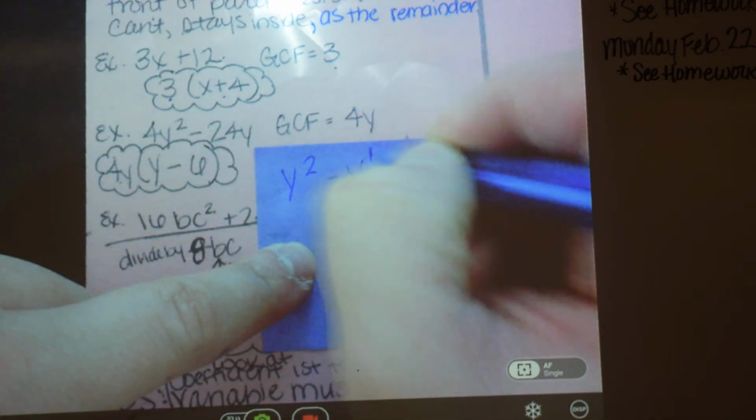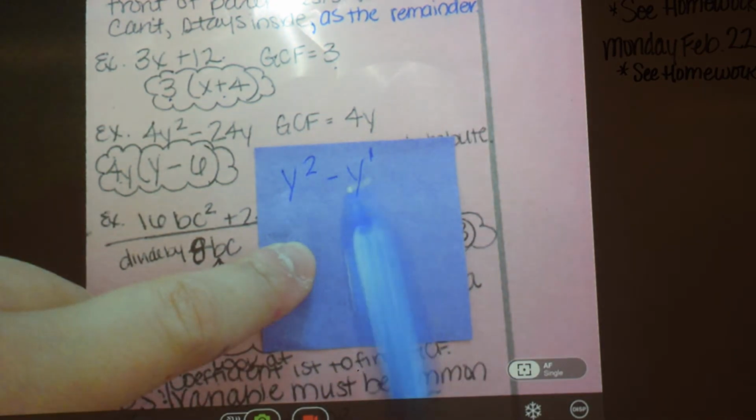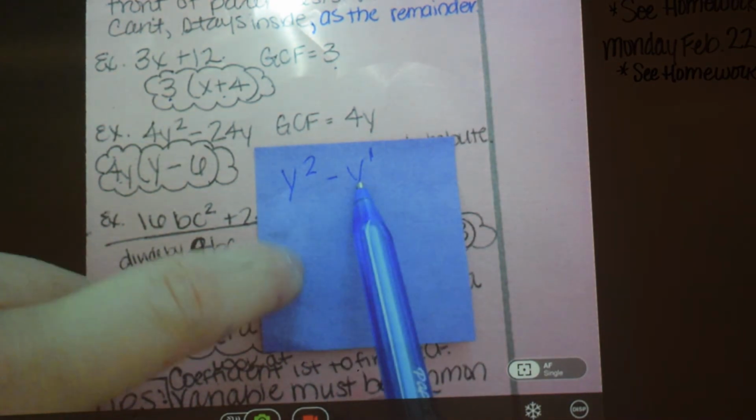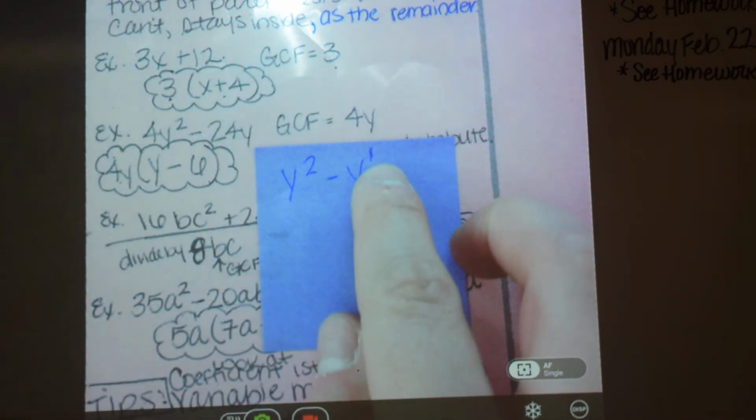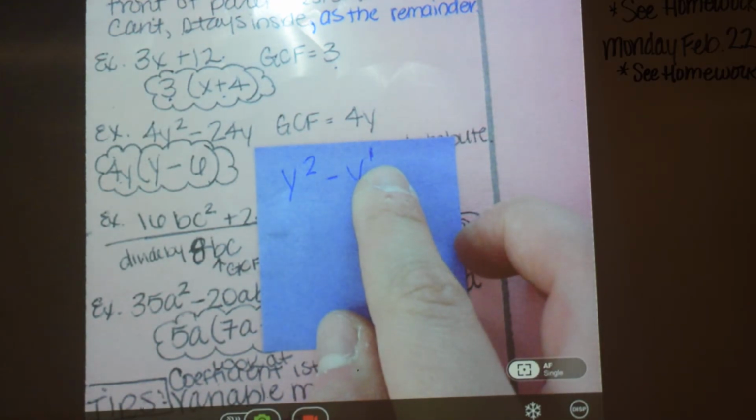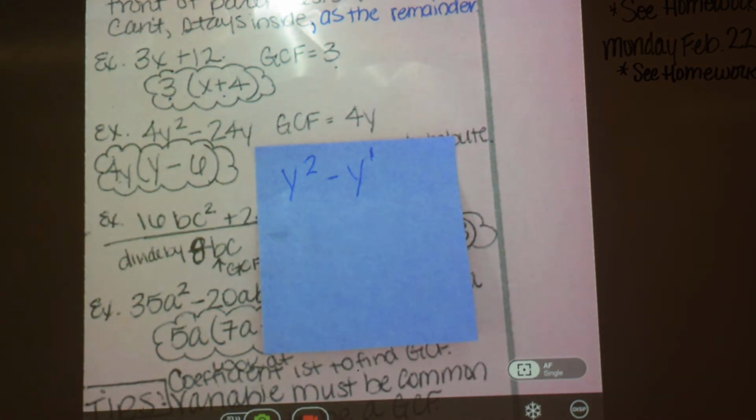Well, it would be a 1, and so that means that each y shares a y. And could I take out a y squared? No, because this y only has a degree of 1, not a degree of 2. So we look at the lowest degree that they all have in common, and that's how we take it out.